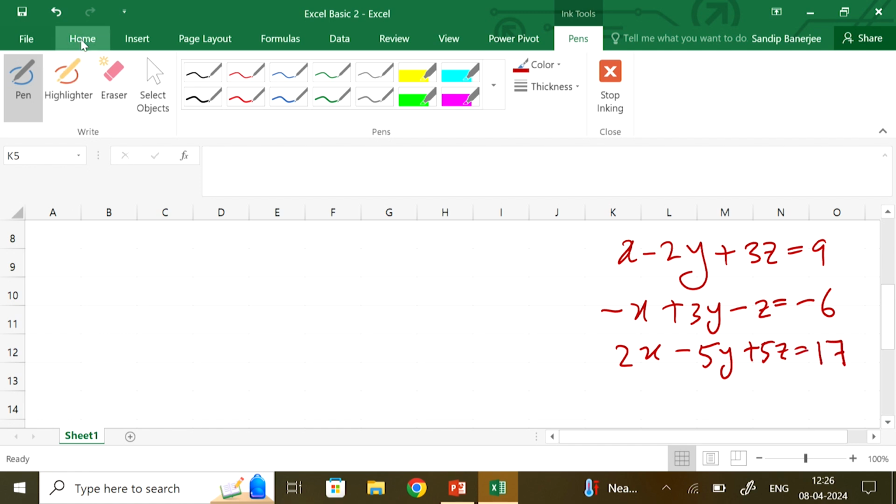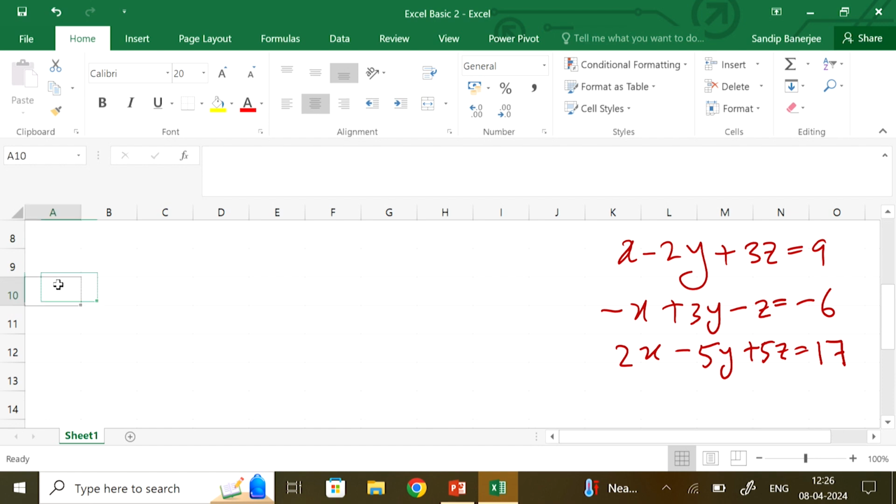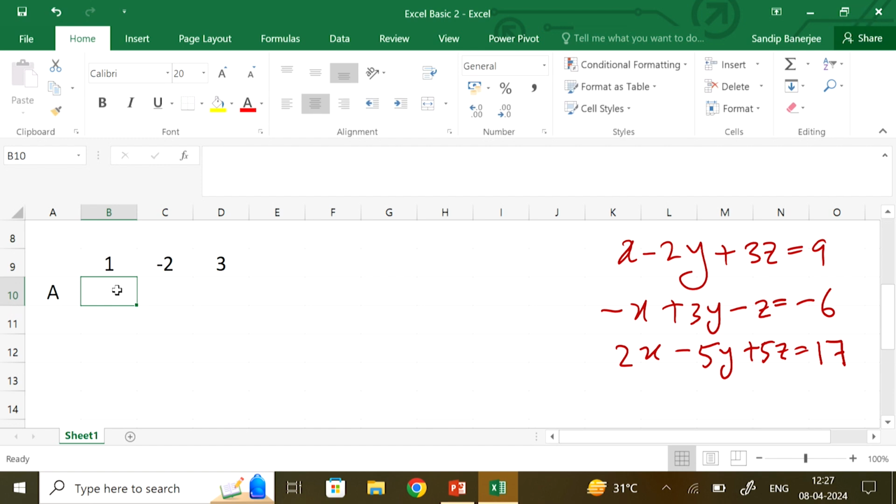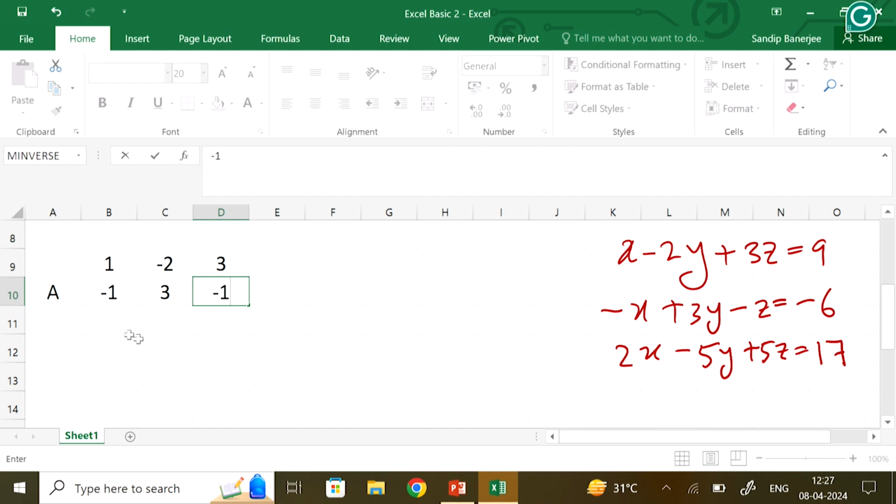So, the same technique, let me put the value A. So, A is 1, minus 2, 3. This is minus 1, 3, minus 1.